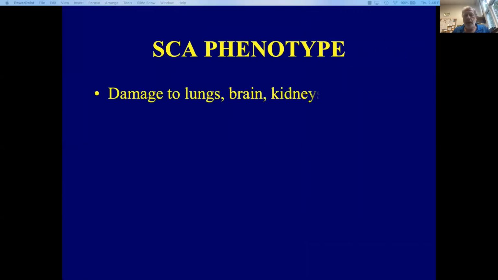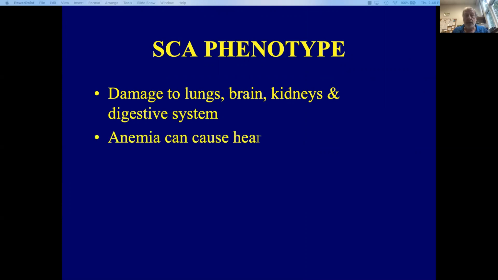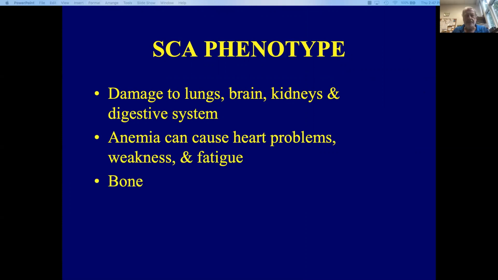So a lot of phenotypic effects from this single gene. There can be damage to our important organs, which have many capillaries in them, like our lungs, brain, kidneys, digestive system. Anemia, the lack of blood cells, can cause heart problems, weakness, fatigue. Our cells aren't getting enough oxygen.